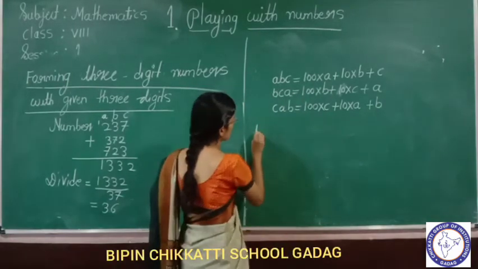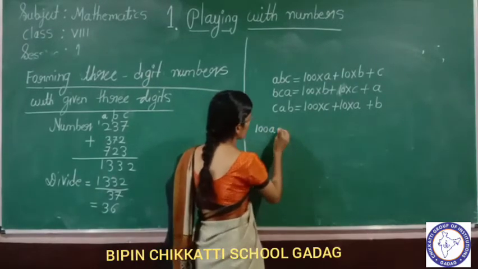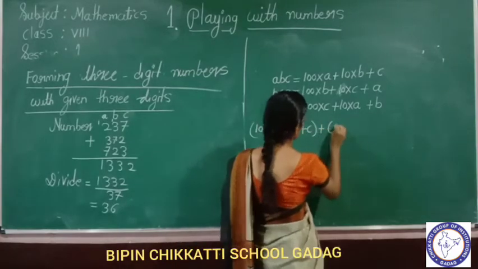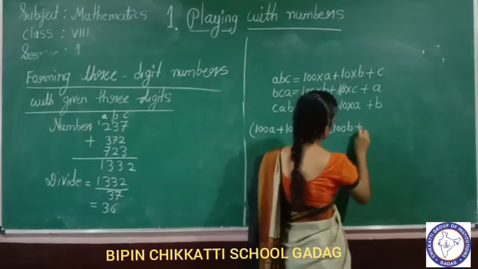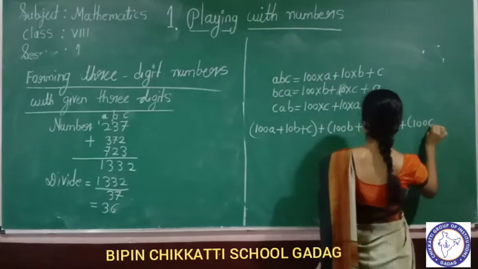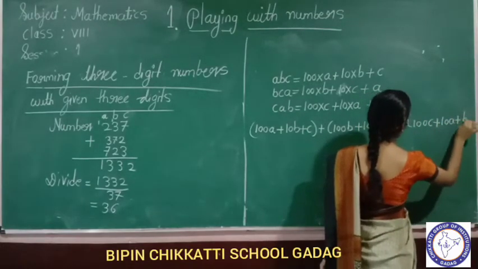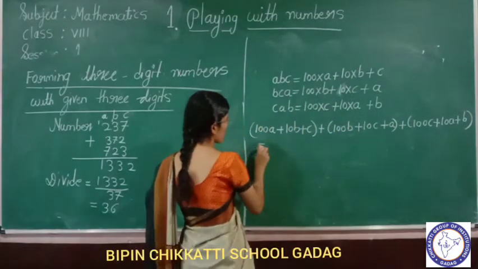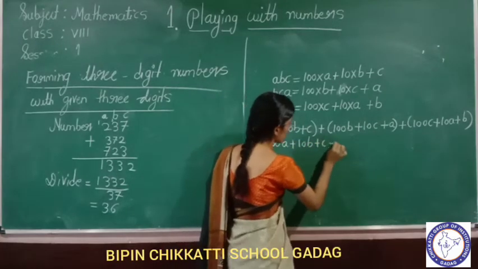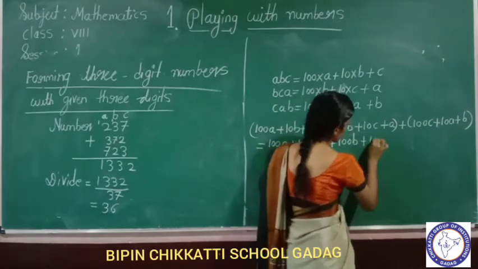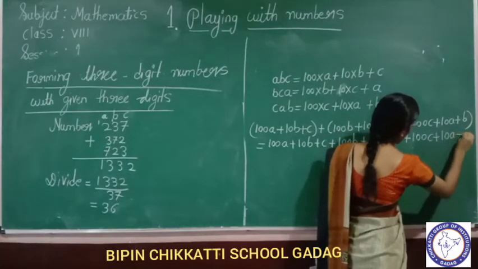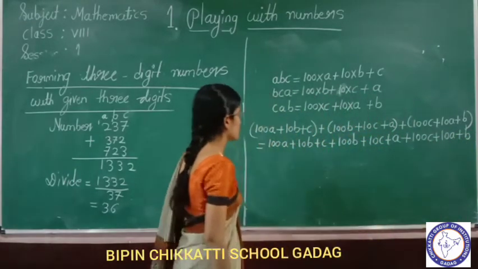What will we get? 100A plus 10B plus C, plus 100B plus 10C plus A, plus 100C plus 10A plus B. So now remove the brackets. 100A plus 10B plus C plus 100B plus 10C plus A plus 100C plus 10A plus B. Okay, now see it.